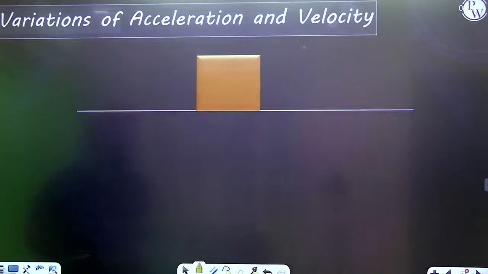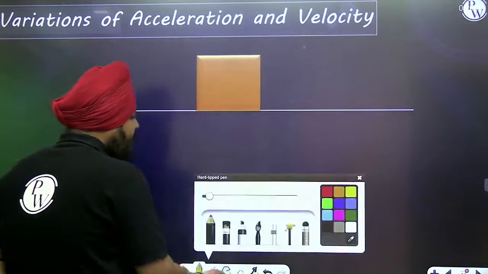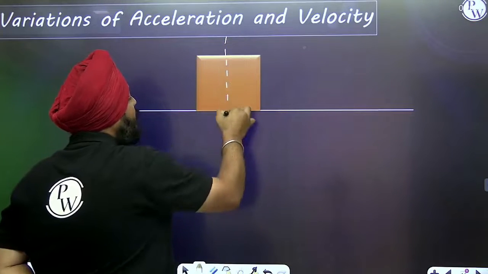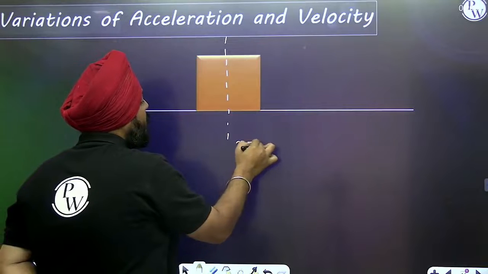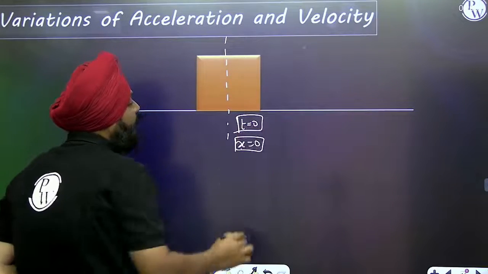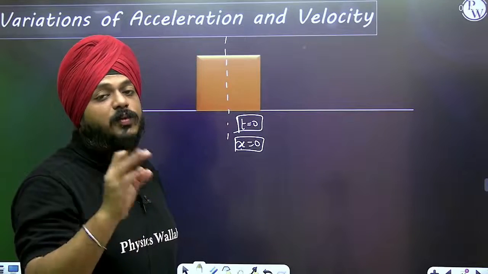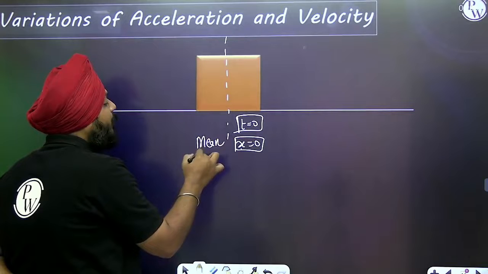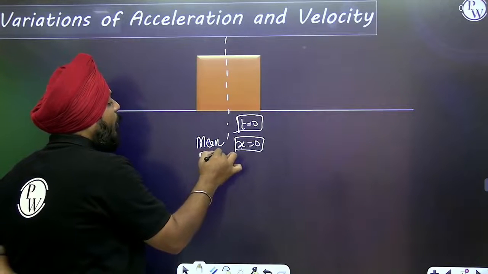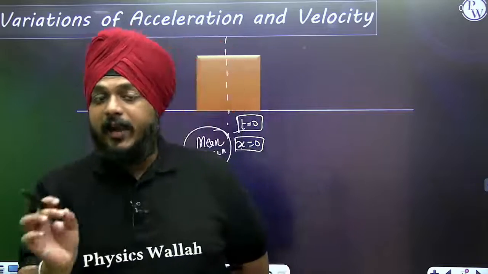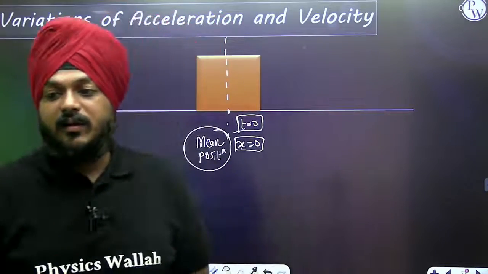Okay, now let us take an example. The particle is starting from the mean position. Let's say x is equal to 0, at t is equal to 0. Mean position is not fixed, it may get changed, but right now I'm defining it as the mean position. How are the acceleration and the velocity parameters defined and associated with it?